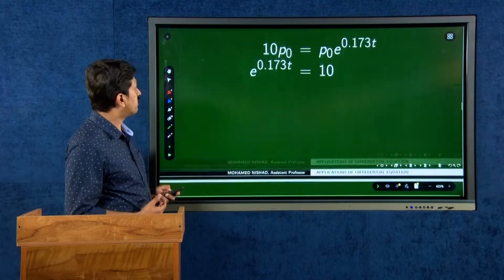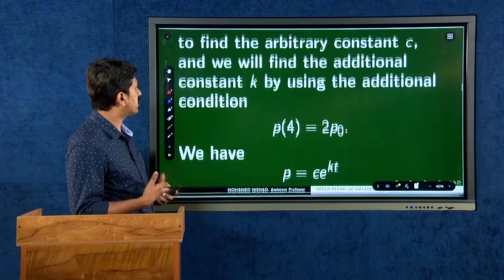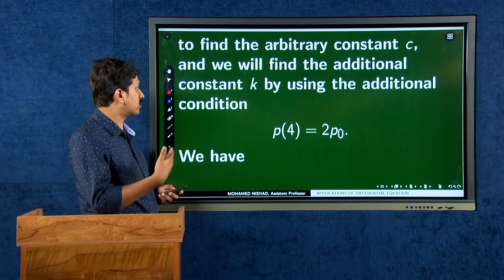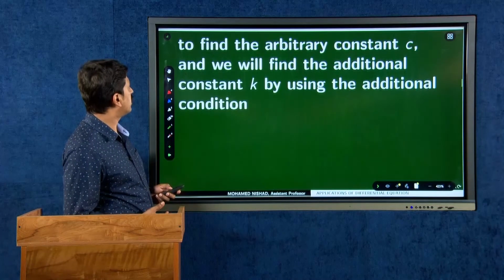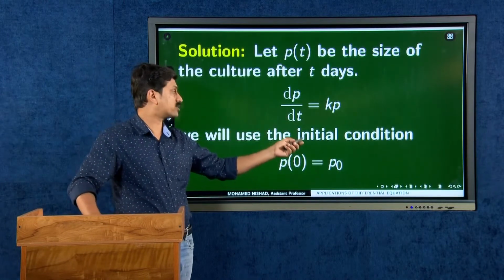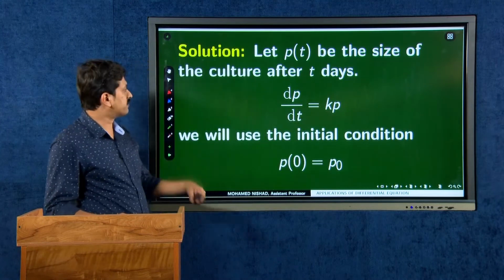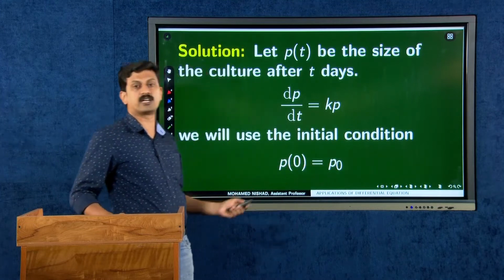Now, dear students, that is the way. See, actually what we did here, you may go back to the question: we needed to find how many days it will require to grow the culture 10 times. We got the solution with P of t as the size of the culture. After 3 days, we have the differential equation and we apply the initial condition.